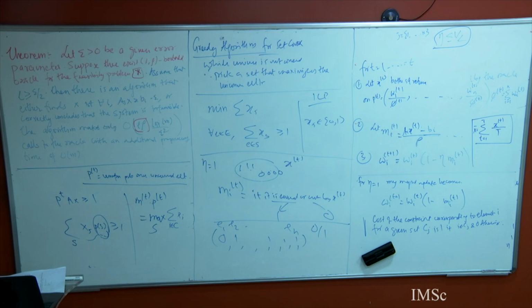See, opt covers all the elements. Do you agree? So you fix any probability distribution. What happens then? Then one set must cover 1 by opt fraction of those elements, whatever may be the probability distribution.